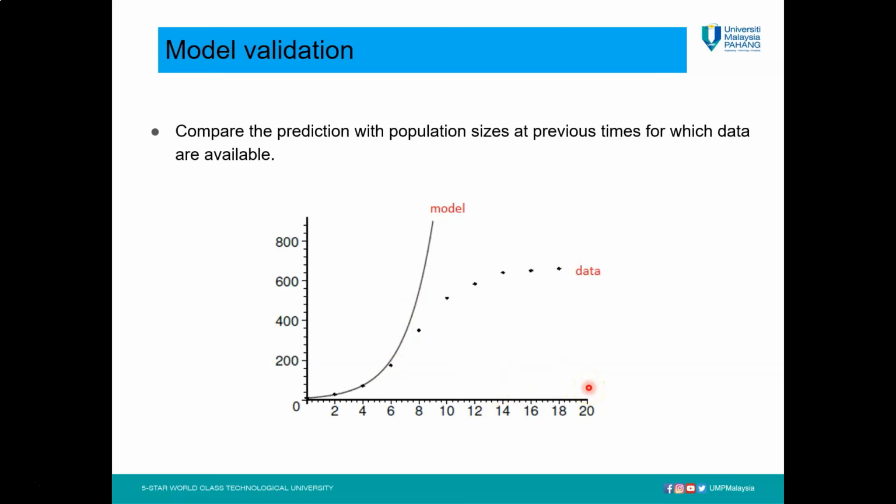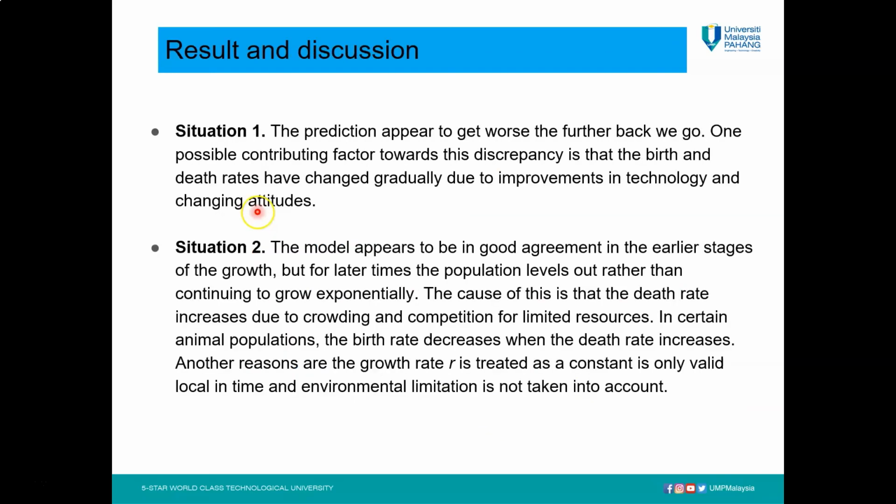The model is unable to predict the behavior at the later stage of the timeline, but you can always give justifications to your model. We can say, for example, in situation 1, the prediction appears to get worse the further back we go. One possible contributing factor towards this discrepancy is that the birth and death rates have changed gradually due to improvements in technology and changing attitudes. Another situation.